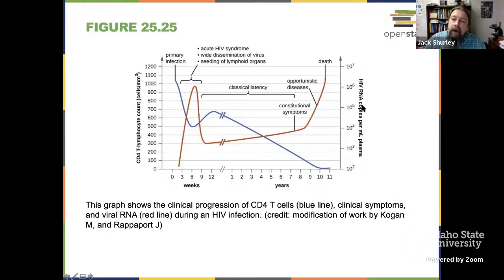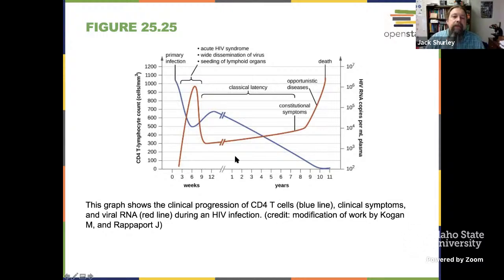Over here on this side is RNA copies per milliliter of plasma, so sampling it out of the blood. And on this other side would be for the blue, the CD4 T helper cell count in cells per cubic millimeter. So as we look at this T cell population, RNA counts, and then time, again, on the x-axis.